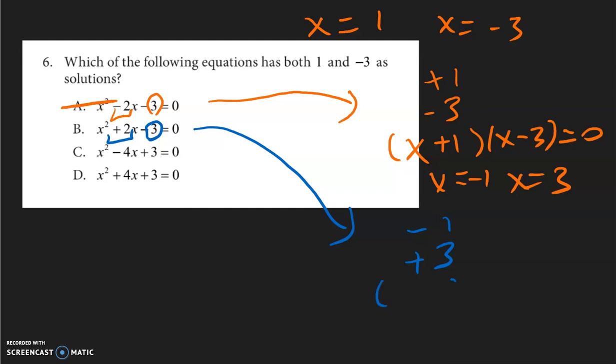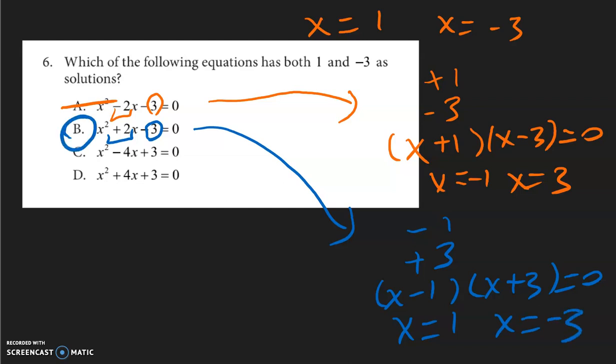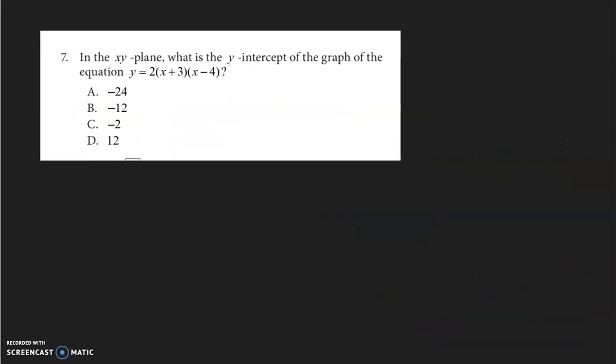So that means the factors are going to be x minus 1 and x plus 3 equal to 0, which tells you that the answers are x equal to positive 1 and x equal to negative 3, which is exactly what we wanted.